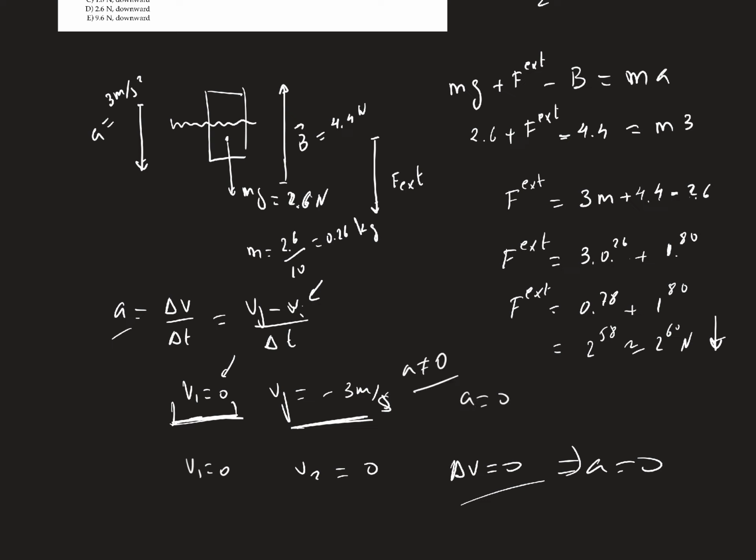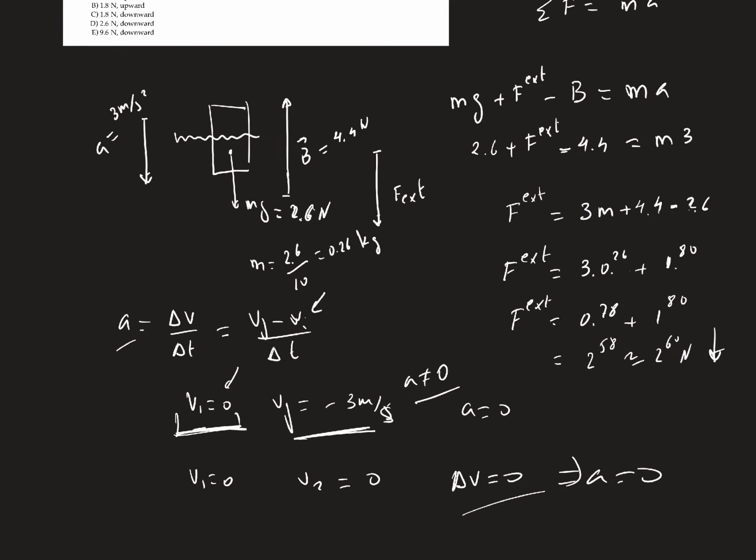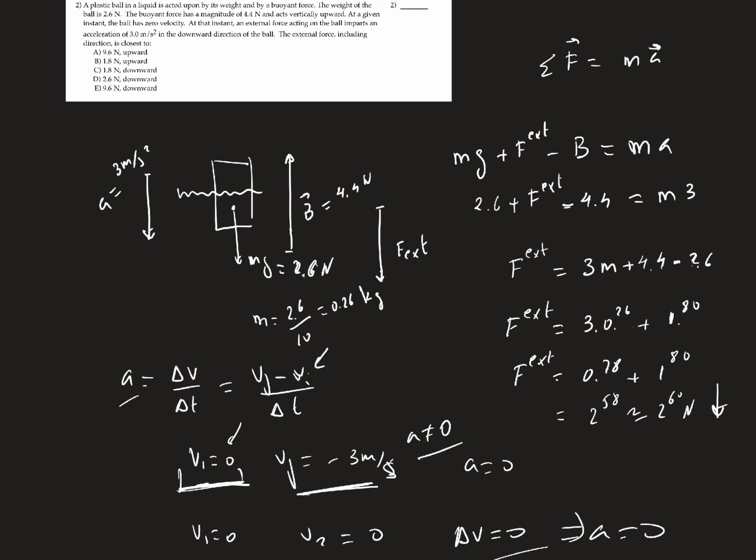Okay, so now let's go to do the problem. The problem says that there is an external force acting on the body. There is the weight, there is the buoyancy, there is a force 2.6 going downwards, there is 4.4, the buoyancy of the water. The water does a force on the object of 4.4.